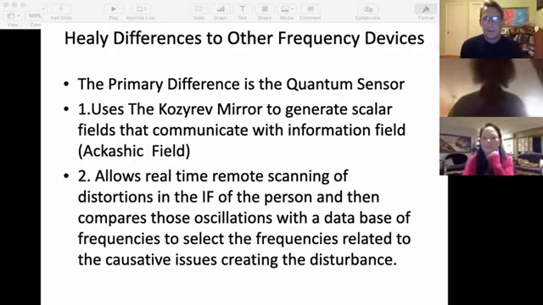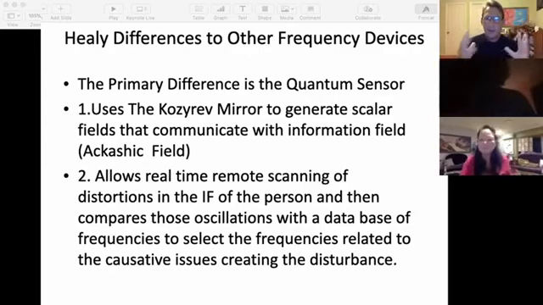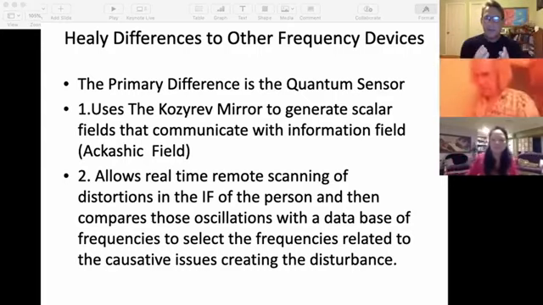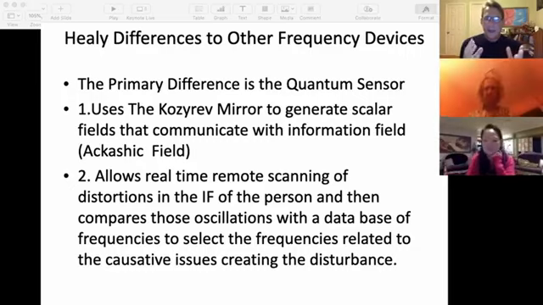The second key aspect is that the chamber is made out of particular metals, and it allows the waves that are generated from oscillating electrons to bounce off the sides of the chamber so that they neutralize each other and form what we call scalar energetic fields.